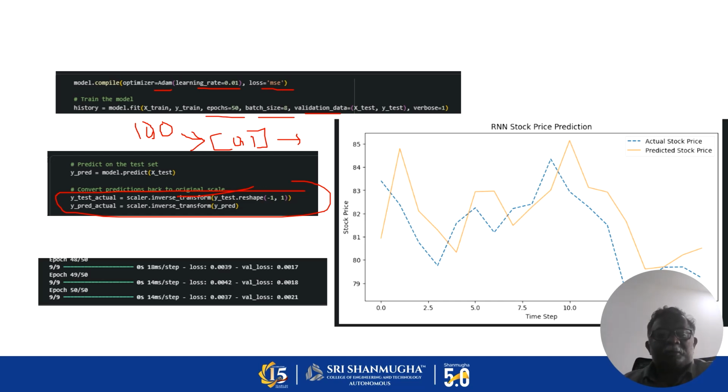From this, after the epochs, we got a very small loss of 0.0037, and if you look at this image, the actual values are very close to the predicted ones.